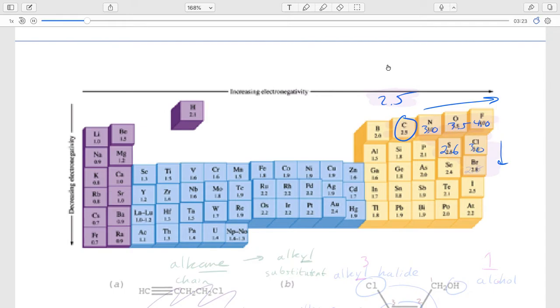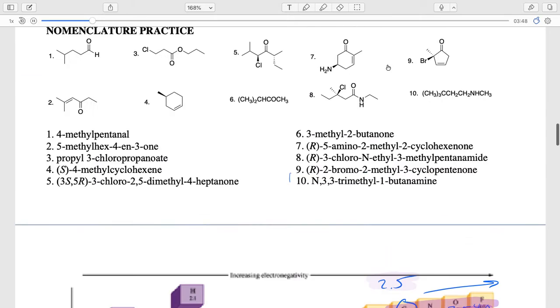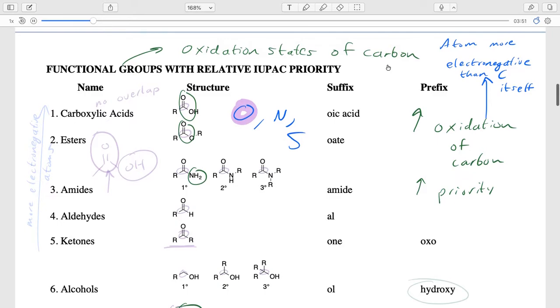And bromine is 2.8. So all of these atoms right here have an electronegativity higher than that of carbon, which is why oxygen, nitrogen, and sulfur are all in a functional group of their own.